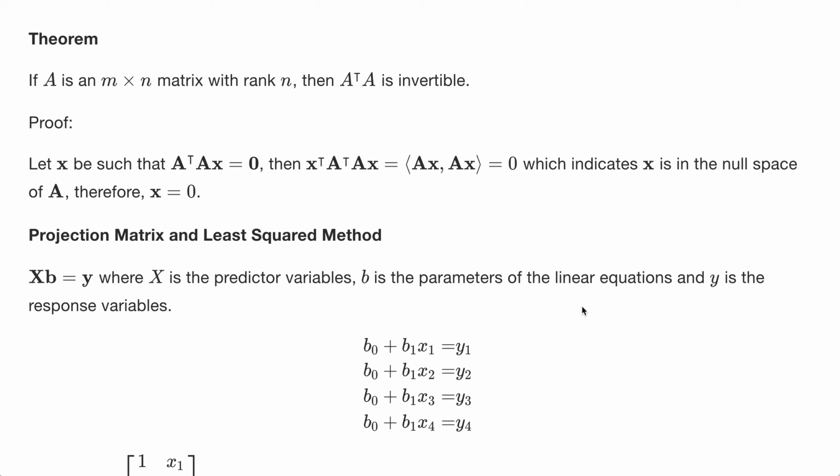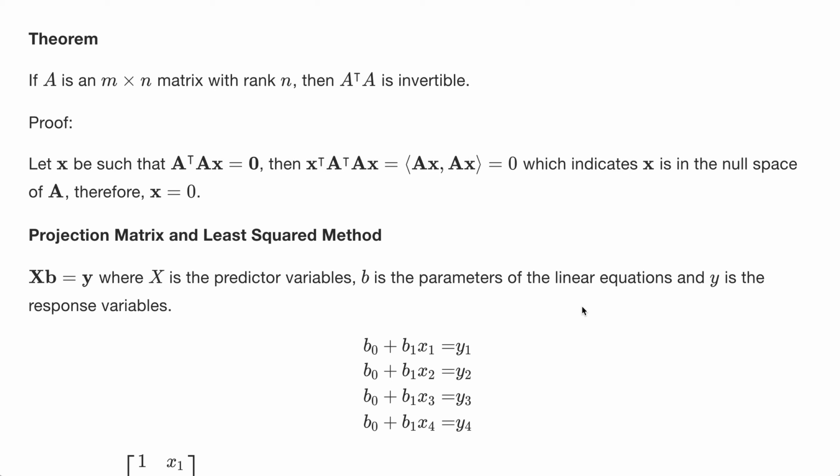By taking an inner product with x, that will be x transpose A transpose Ax, which is the inner product of Ax with itself. Because A transpose A times x is 0, we know that this is actually 0.